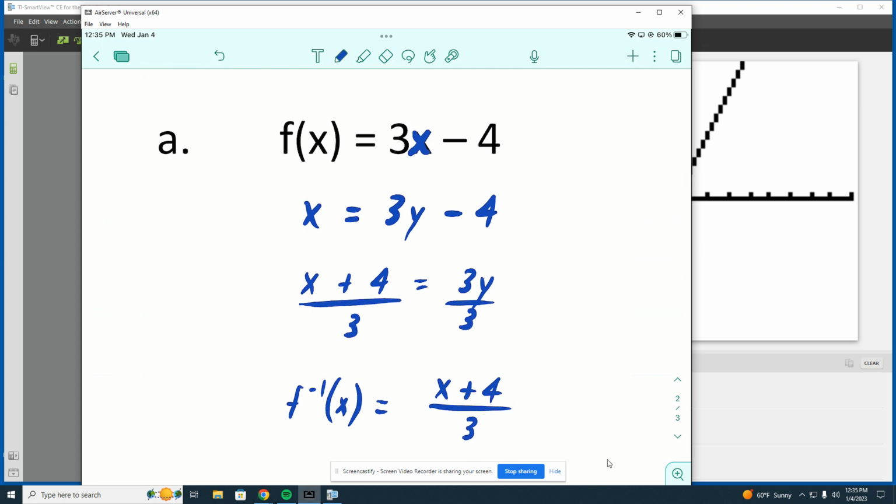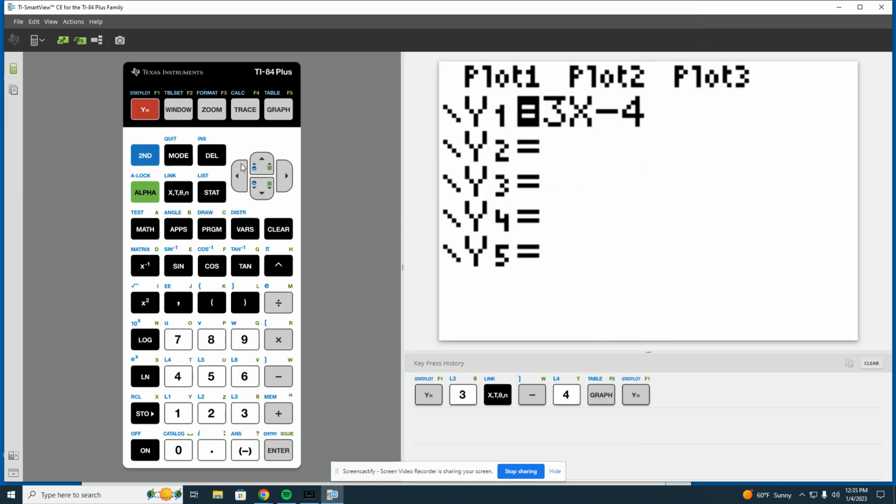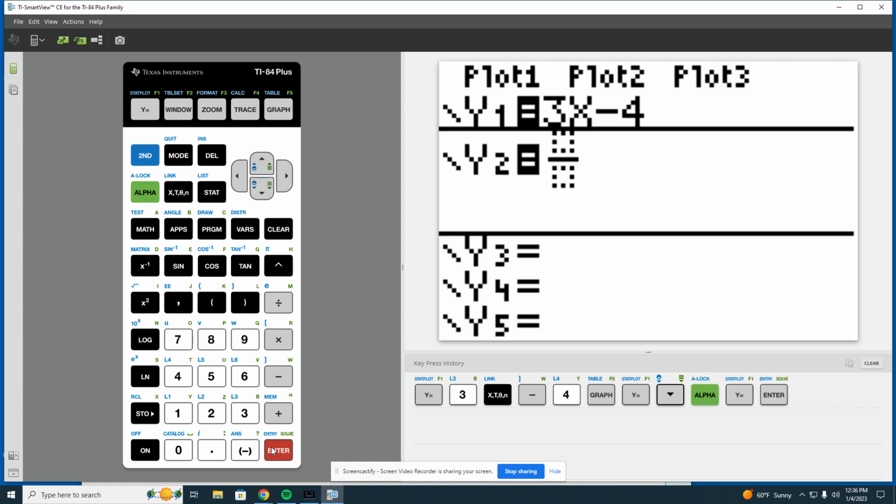So I'm going to go back, step 3, and I'm going to just make sure I did it right. So I go back to y equals, leave the original, okay? But let's do a fraction. How do we do a fraction? Alpha y equals number 1. We put what in the numerator? And what do we put in the denominator?